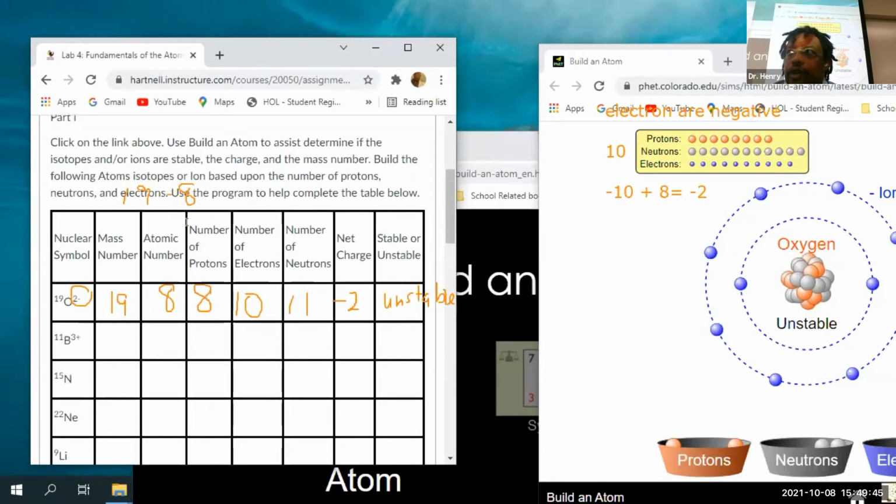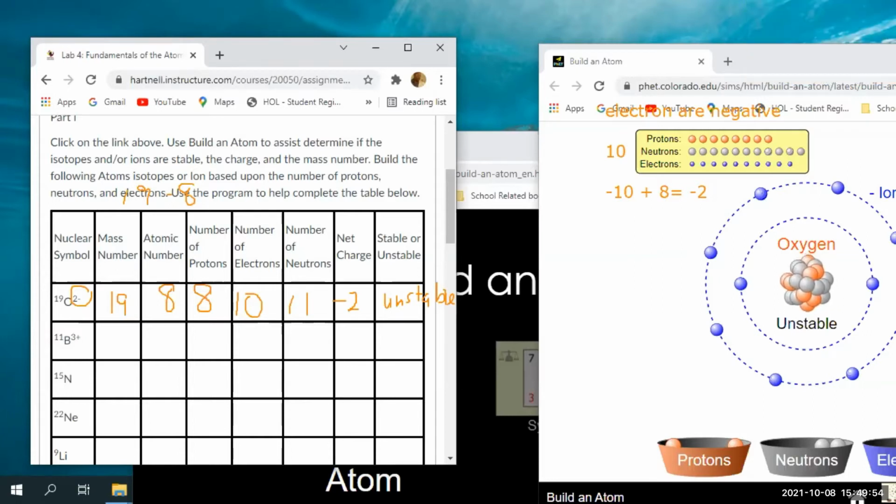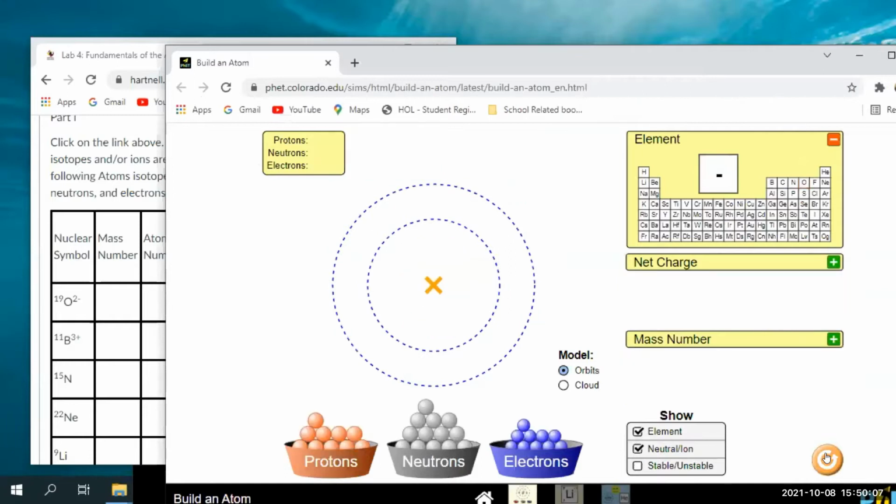So can I clear my screen? Then I'll show you the other part. Everybody got it down? Yeah. Okay.